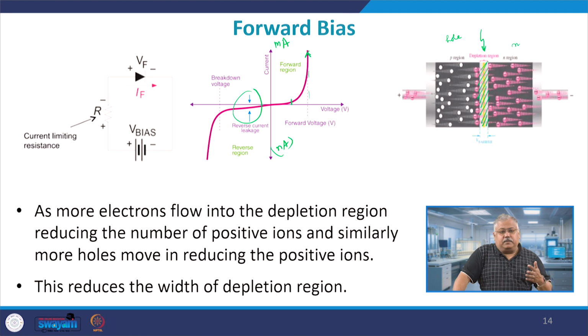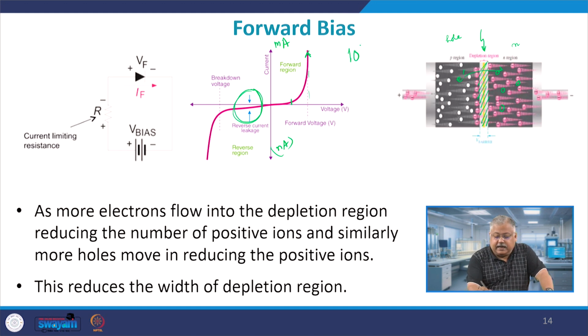Reverse leakage current is primarily because in the reverse bias condition, you will have some holes here, which are minority carriers on the n side, and there will be some electrons here. For them, it is not a hill, it is basically a slope downwards, and as a result there will be some current, because some electrons from this side can go very easily and recombine with the holes here. That is the origin of the reverse saturation current, which is temperature dependent.